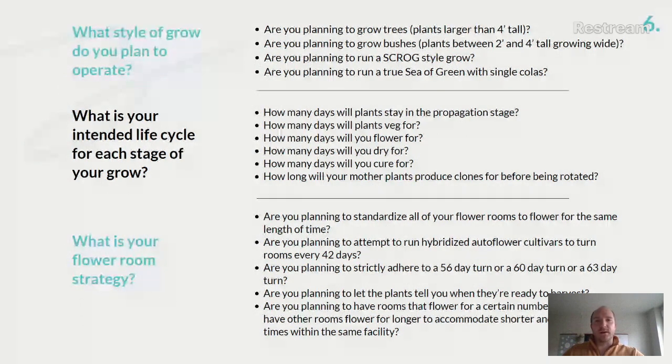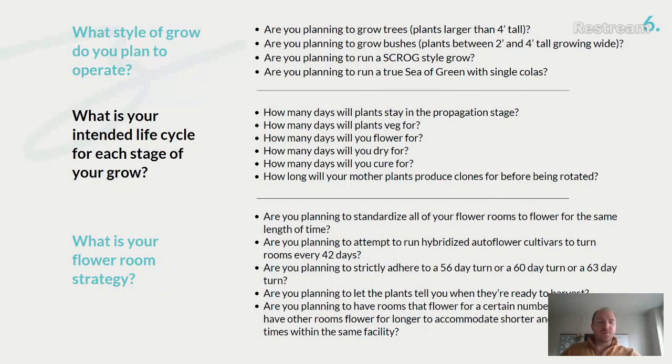The style of grow that you run and that you would like to execute on here will ultimately depend on the end product that you're trying to create. For example, if you're trying to grow top shelf buds, where you're trying to be literally the best in your market, I'd recommend against going with a true sea of green, which is keeping plants very little to no veg, keeping them less than 15, 16 inches tall, and making them just grow with a single cola.